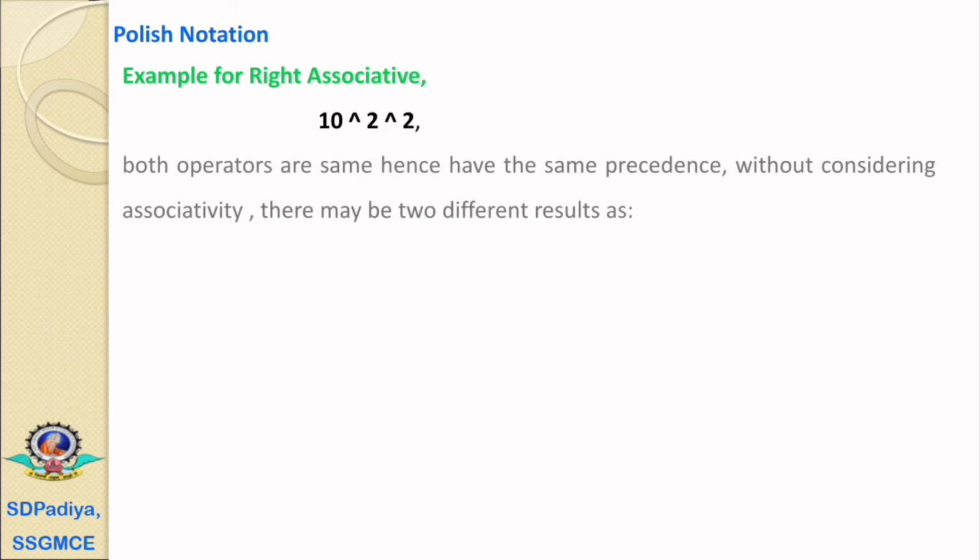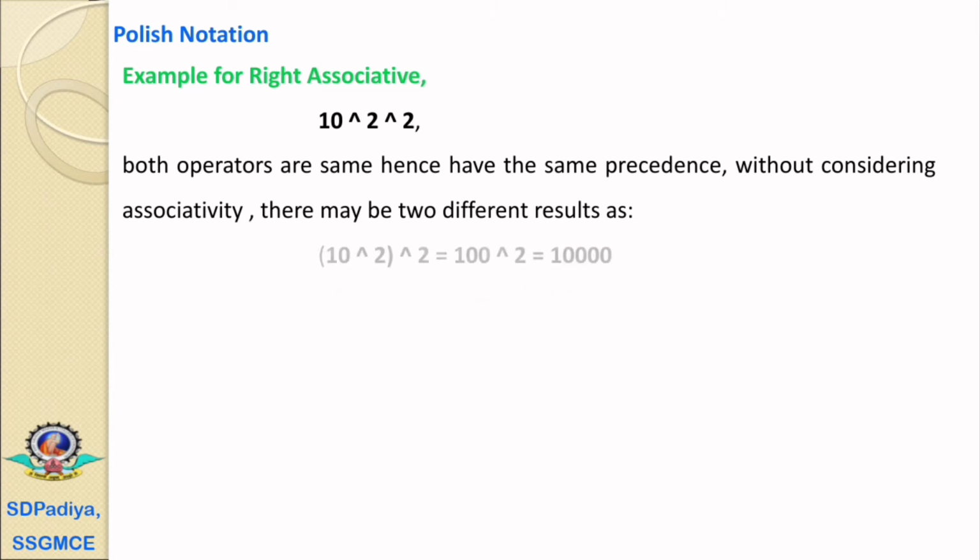If we have a right associative expression, that is 10 raised to power 2 raised to power 2. Now in this, both operators are the same, that is raised to power, hence they have the same precedence. Without considering the associativity, there may be two different results.